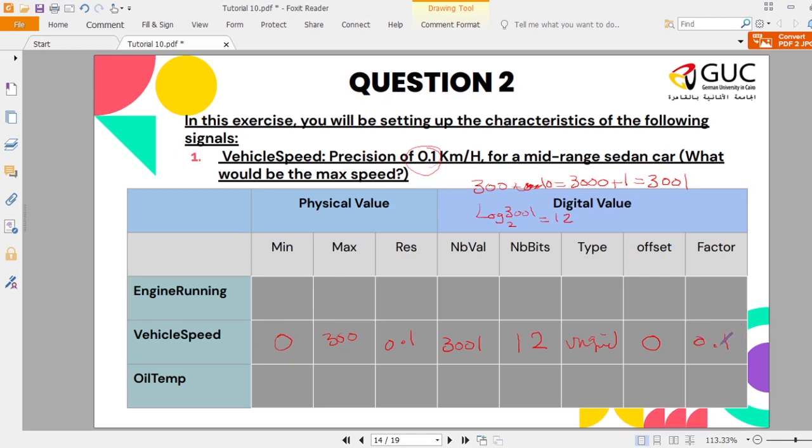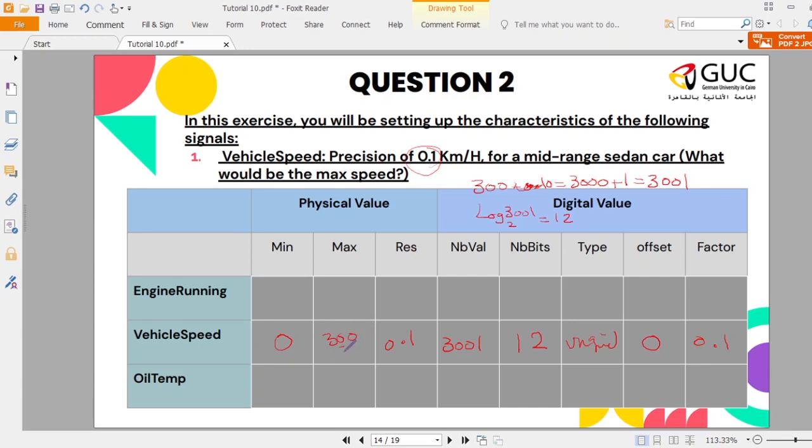Okay. So for the vehicle speed, the minimum value is 0. You can have 0 up to 300. We will stick to the answer of this question, 300.